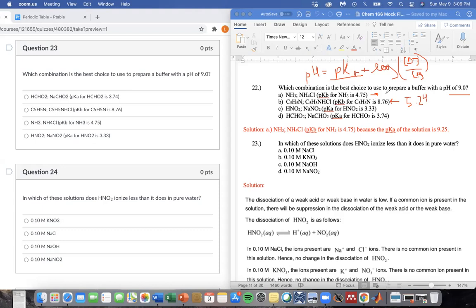You do 14 minus 4.74 or 4.75, and you get 9.25 as your pKa value. With all of them in pKa's, you can compare which is the closest to the pH here, and that is A, which is the NH3 NH4Cl. Any questions on that one?